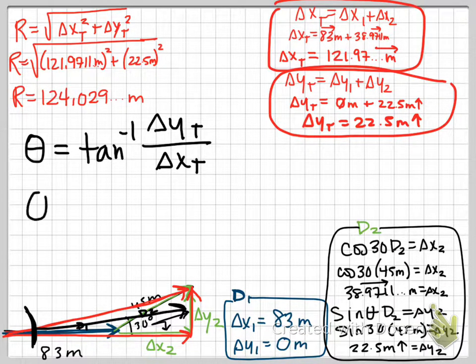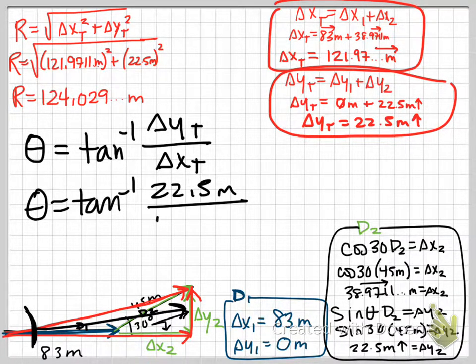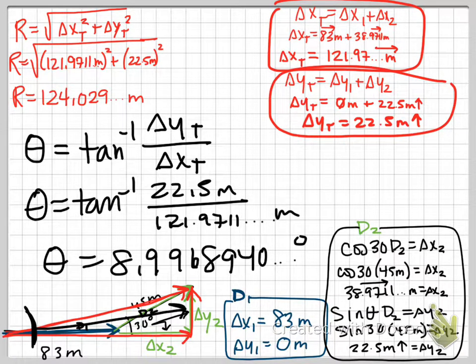Okay, so theta equals inverse tangent, and remember, I am not going to round these numbers. 22.5 meters over 121.9711 blah blah blah meters. What's my theta? I get a raw answer of 8.9968.